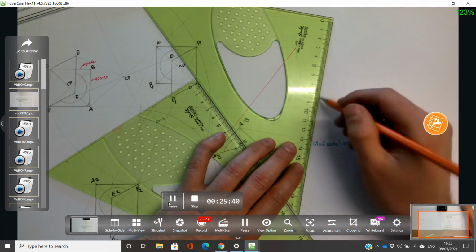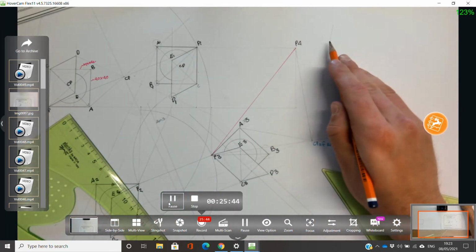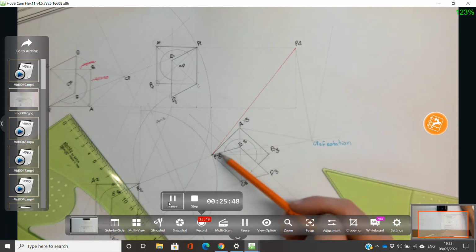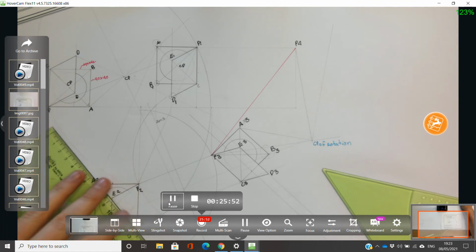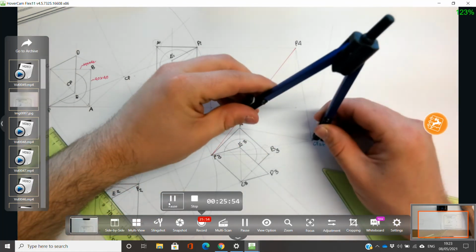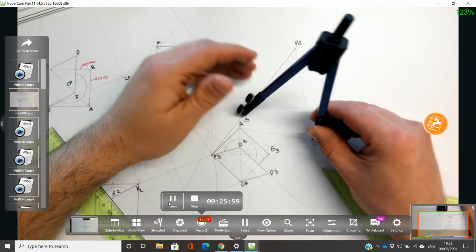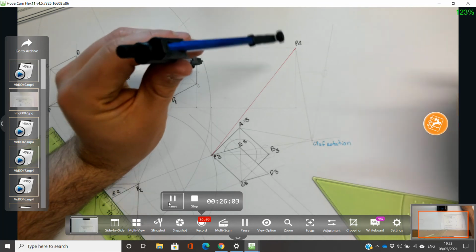A4 is going to lie along this line. What do we know? The distance from P4 to A4 should be 40 millimeters. As a rough idea, if you put your compass on A3 and swing it around, it should be roughly there.